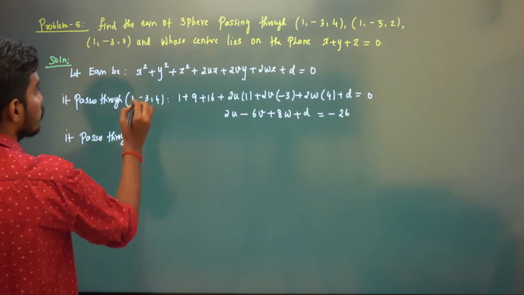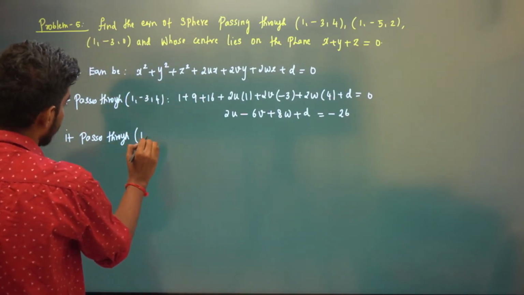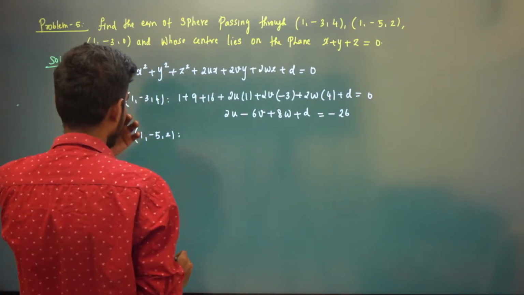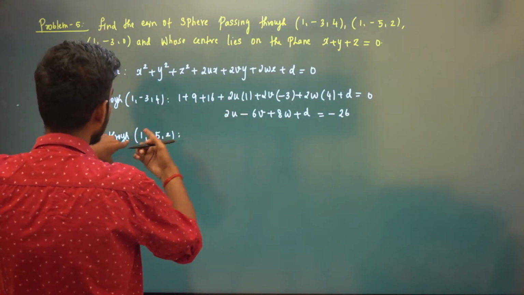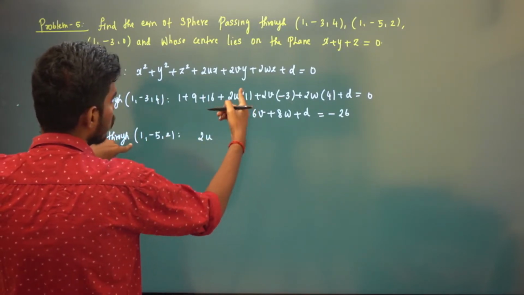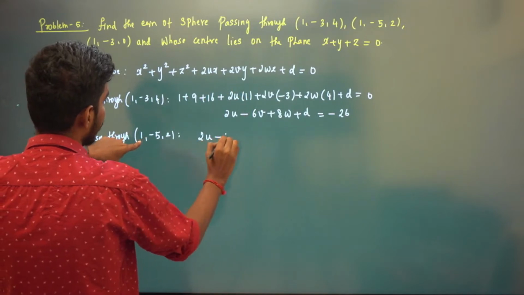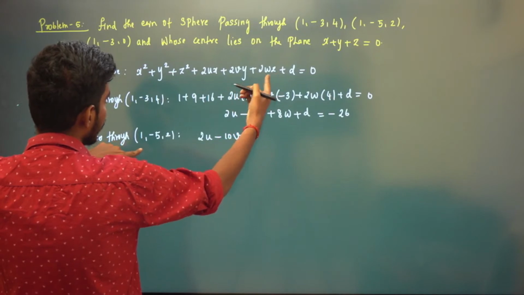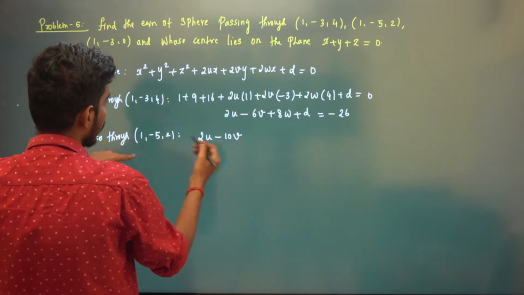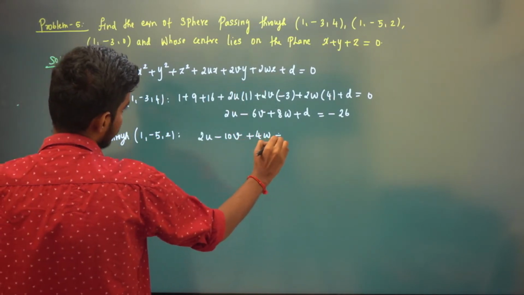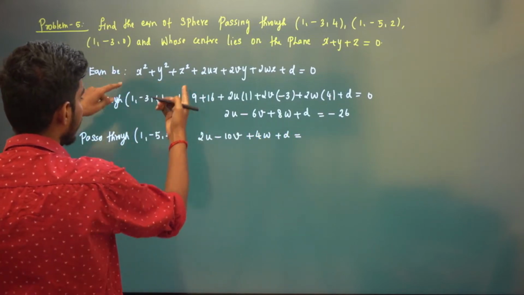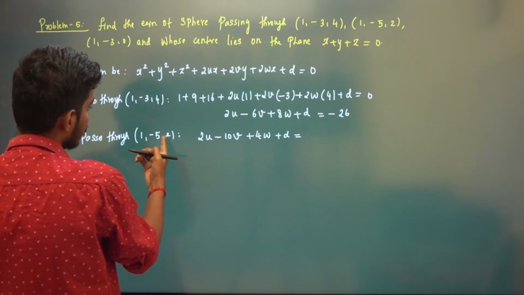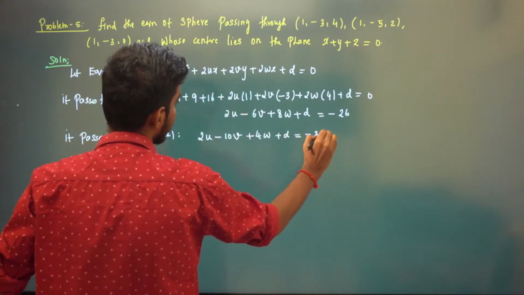So it passes through 1 comma minus 5 comma 2. So we'll have one more equation. I'm going to do this directly. 2u into x, so we will have 2u, 2v into y, so we will have minus 10v, 2w into z. z is 2, so we'll have 4w plus d is equal to minus of x square y square z square. So 1 plus 25 is 26, 26 plus 2 is 30. Take that side, so we'll have minus 30.